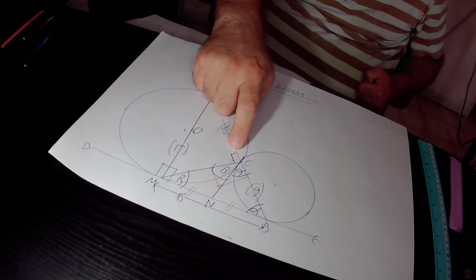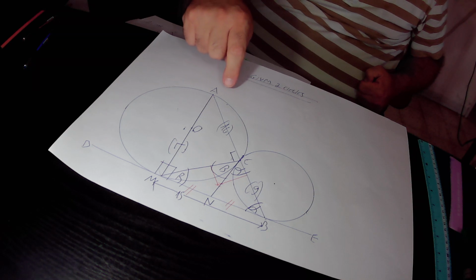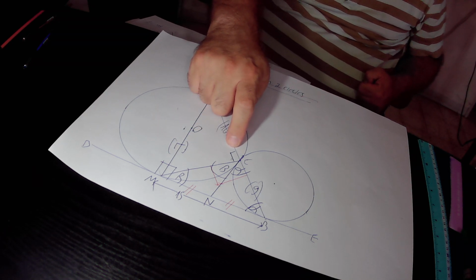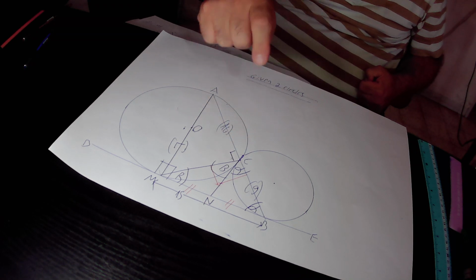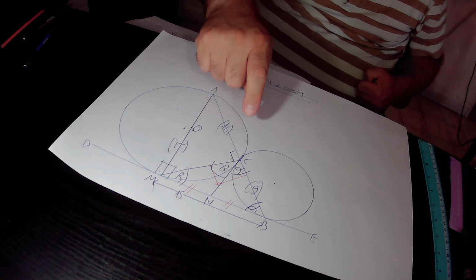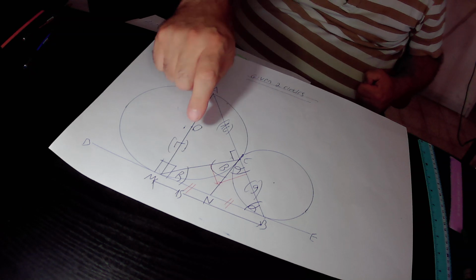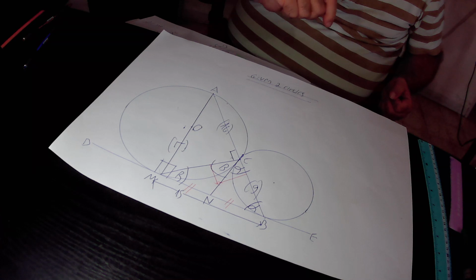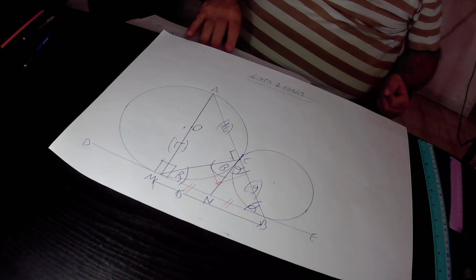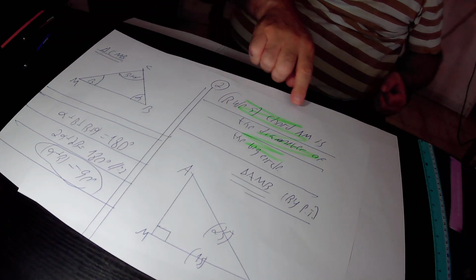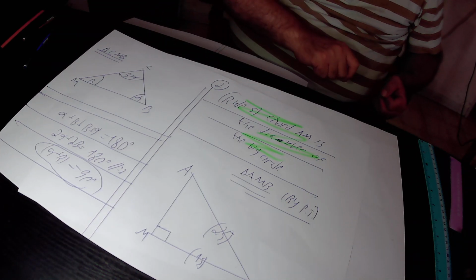Because peripheral angle ACM equals 90 degrees in size, according to rule 5, any peripheral angle that is equal to 90 degrees in size must subtend on the diameter of the circle. Because peripheral angle ACM subtends on AM, according to rule 5, AM must be the diameter of this big circle. So in total, we can write down that according to rule 5, chord AM is the diameter of the big circle.